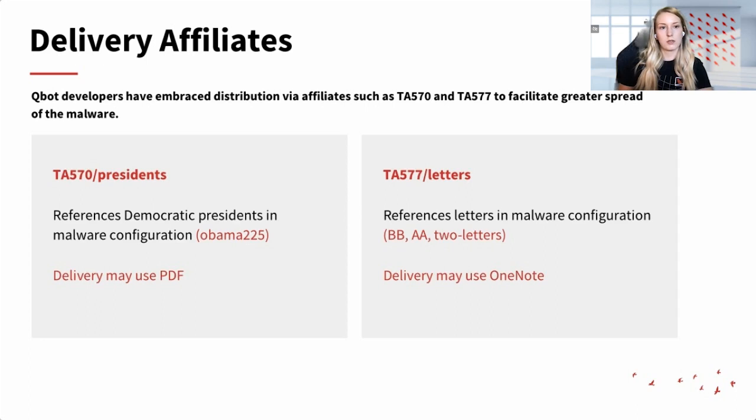Sometimes it'll be coded to go to an IP address over HTTP, and that's where Presidents usually goes. And then for TA577 or Letters, they usually have an actual network connection to a domain listed over HTTPS. Now, that's not always the case, but most consistently, that's how we're able to differentiate the two.